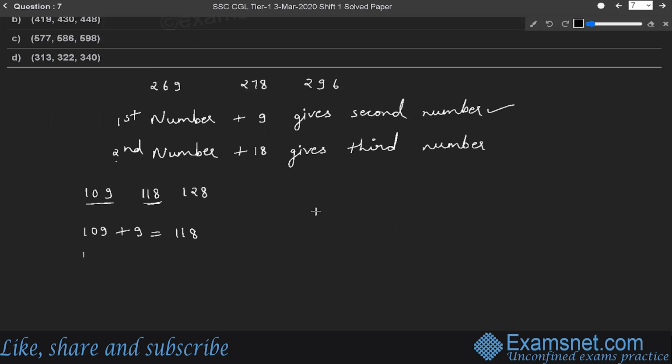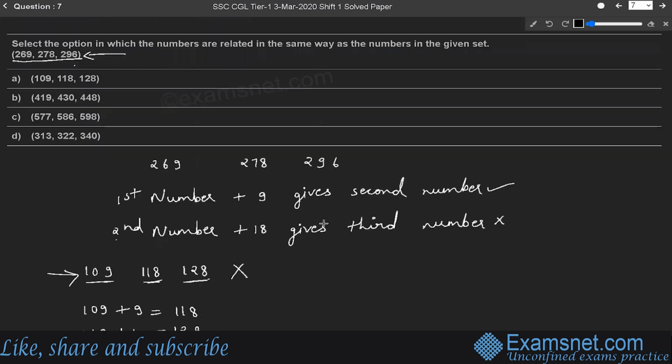Second number is 118. Second number plus 18 should give the third number. Here the third number is 128. But 118 plus 18 will not be equal to 128. We know that 118 plus 10 will give 128. So here the second part is not correct for this given three numbers. Therefore, this option is not correct.